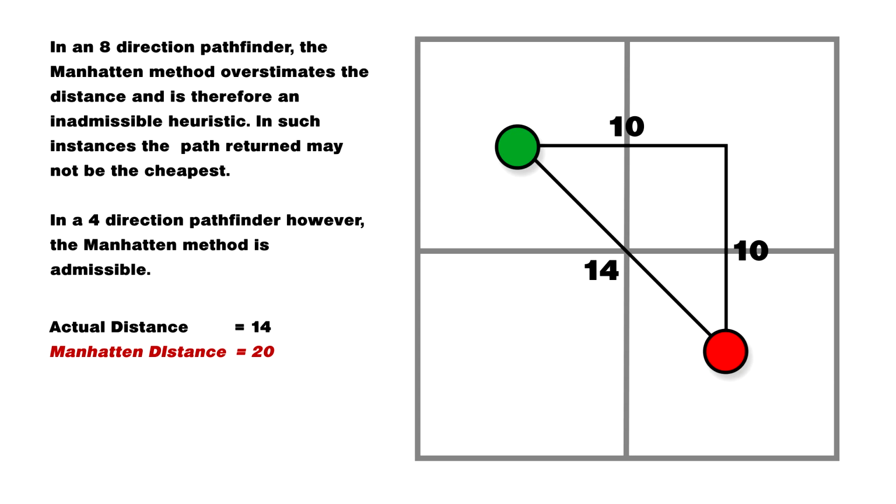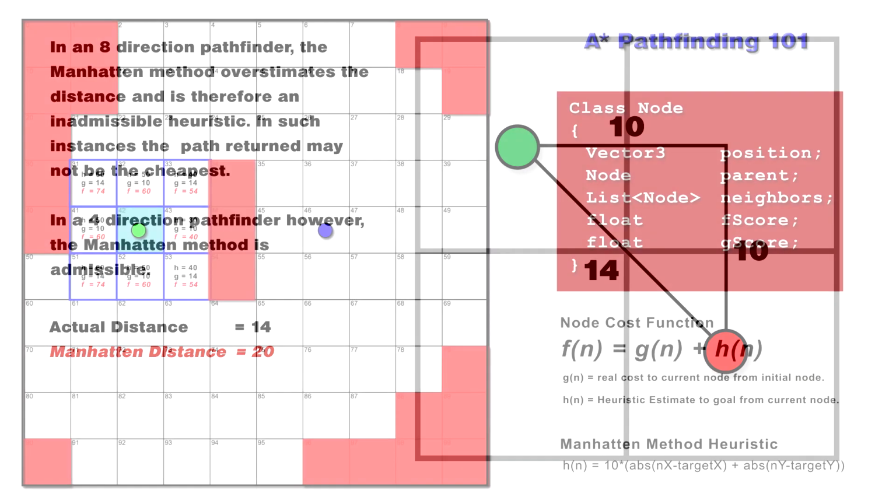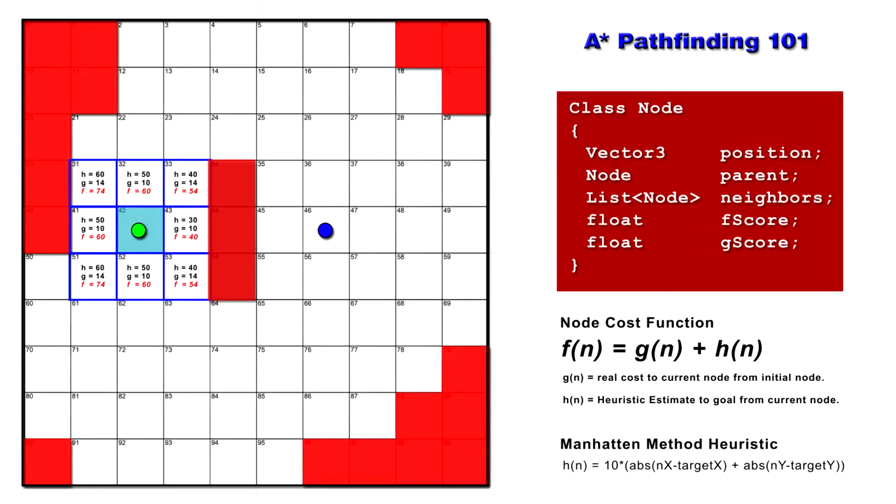Having said that, however, even in an 8-way path search such as in our example, this will still nearly always give you the shortest path, and in cases where it doesn't, the offered path will be very close to optimal. For that reason, and for keeping the math simple, I'm going to still use the Manhattan heuristic in my example, even though I'm allowing for 8 directions of motion.